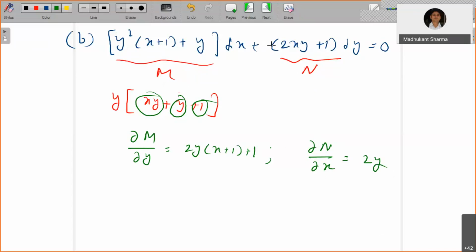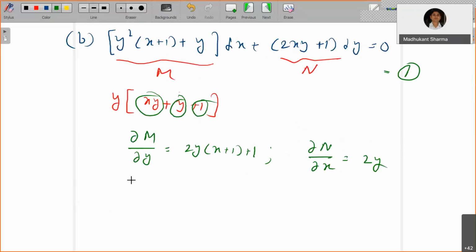There is no possibility to take x outside, so that method is straightforwardly struck off. Again, I tell you that this will come only after practice. Right. Now, this equation is not exact.